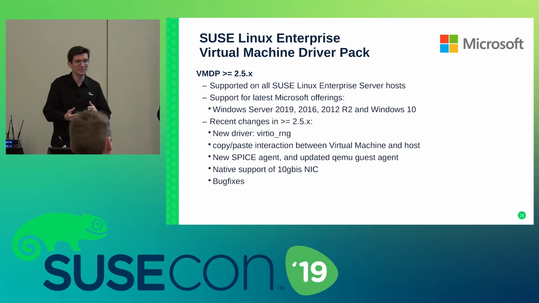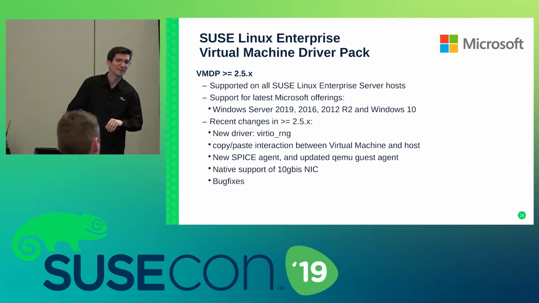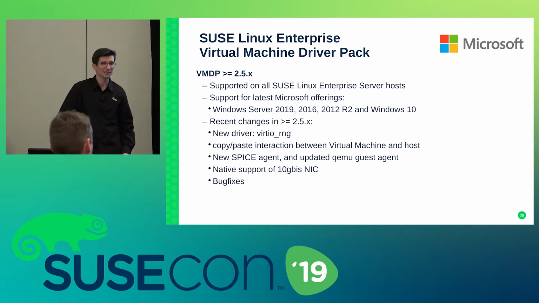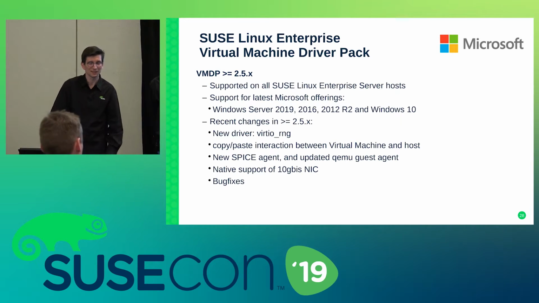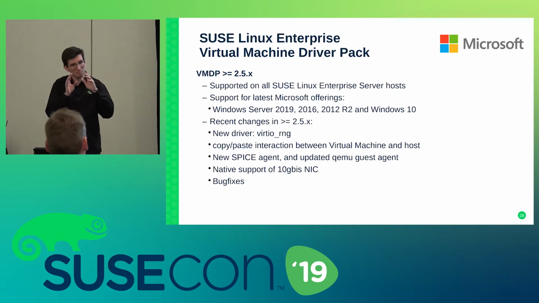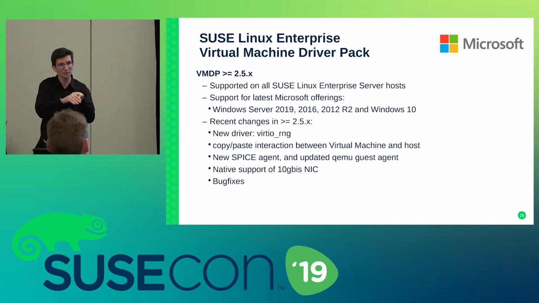So the question is about support of VMDP on top of SLE12 SP2 or SP3. I only saw SP1 and SP2 in the documentation, not SP3. So just one thing: VMDP is something you install inside the guest, inside the Windows. It has nothing to do with the host.